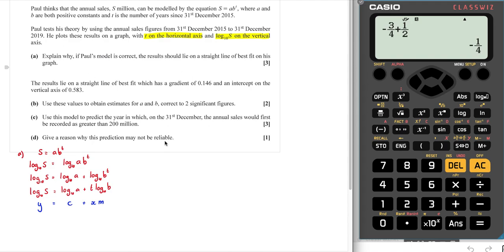But you can see, if you plot that graph, so by plotting the graph in the question, it should produce a straight line with a gradient of log 10 B.